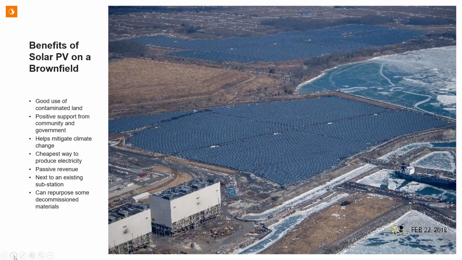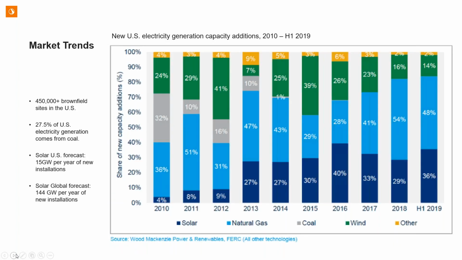They've been shown to be one of the cheapest ways to produce electricity. They're passive revenues, as they just sit there and generate. If they are next to an existing substation, as in the case in the picture, it makes it quite easy to tie it in and to work with. And you can also repurpose decommissioned materials that may have been present on the site for road construction and for various elements.